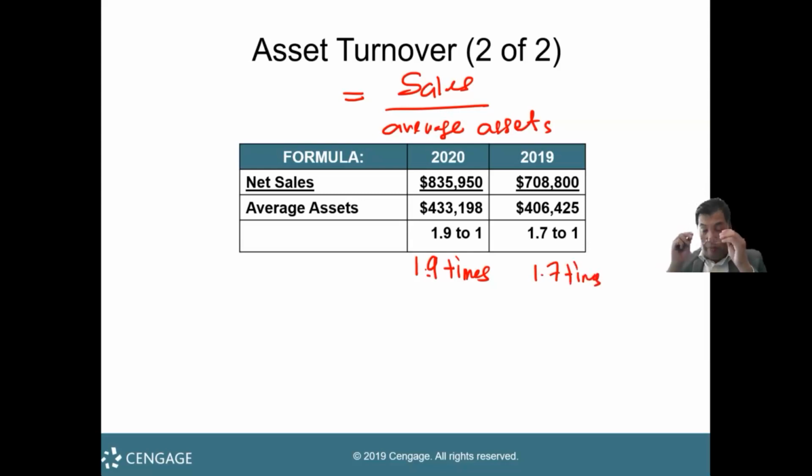So by comparing with the assets, you are able to generate almost twice the sales compared to the asset value. Almost double the sales. So the higher the value, the better. This is the asset turnover ratio.